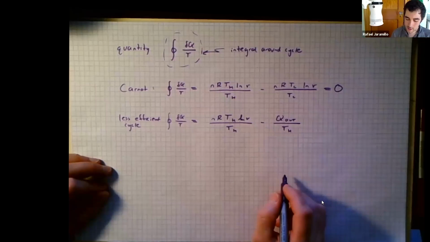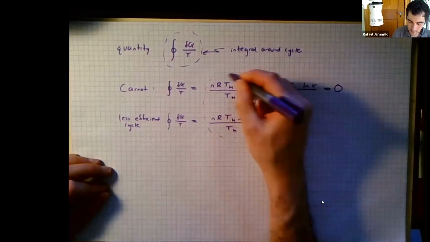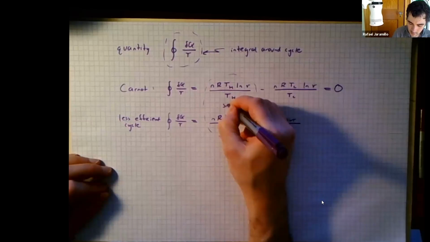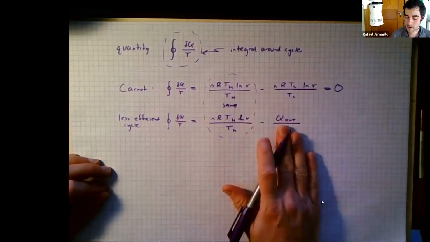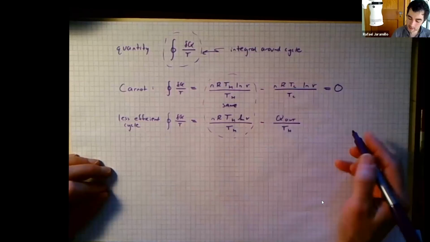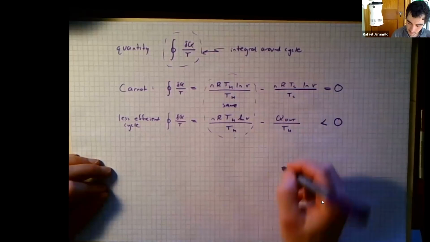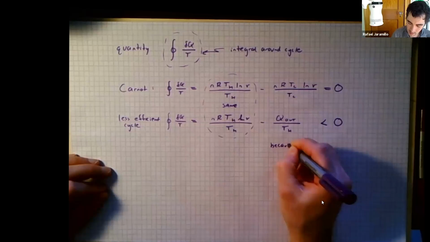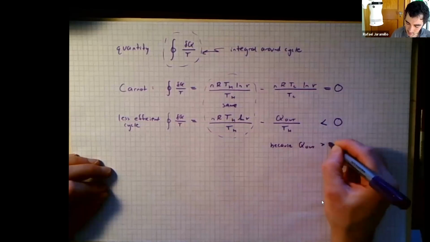So these are the same. But this term is bigger than this term. So that means the overall line is negative, right? This is because Q_out is greater than Q_out Carnot.